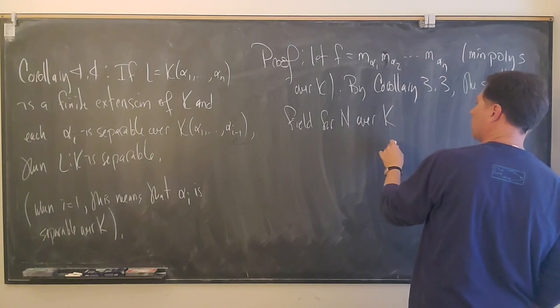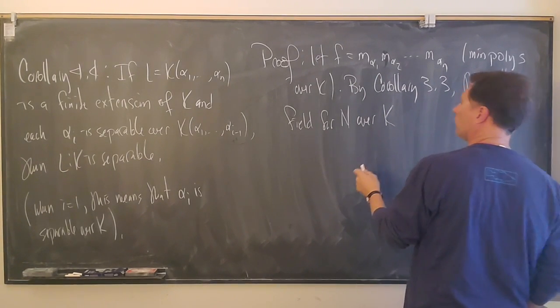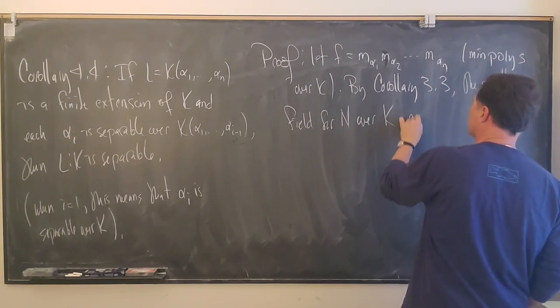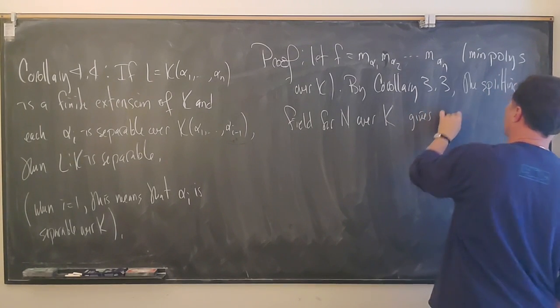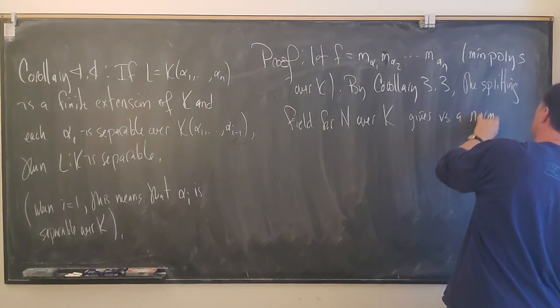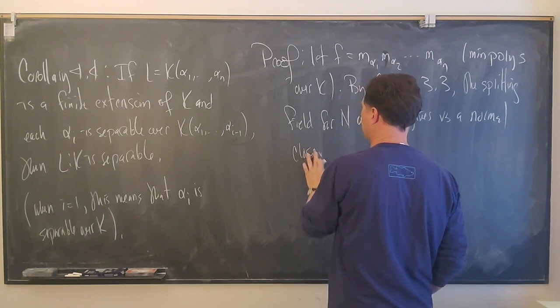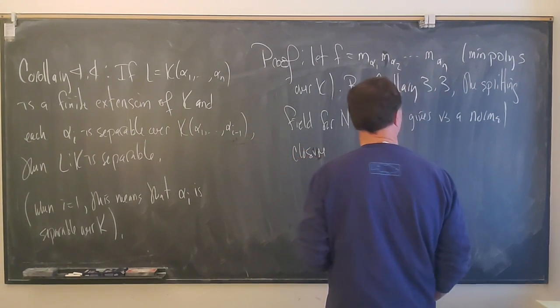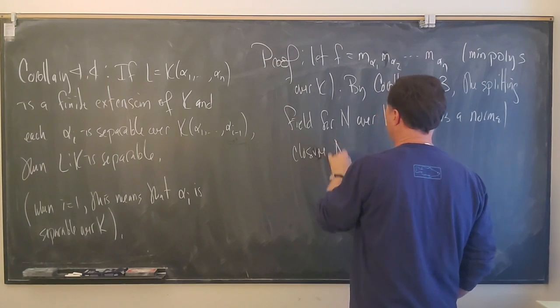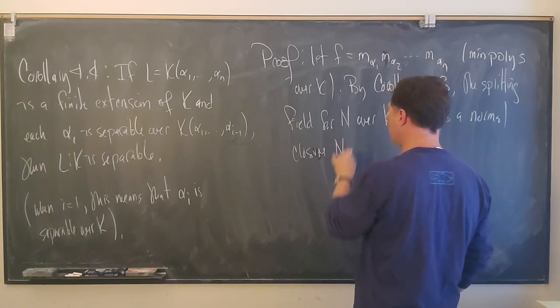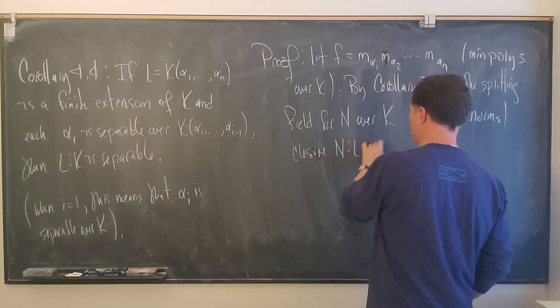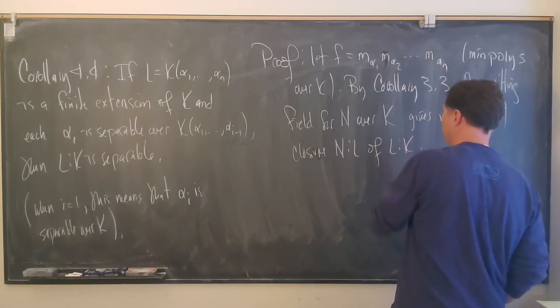So the splitting field N gives us a normal closure N over L of L over K.